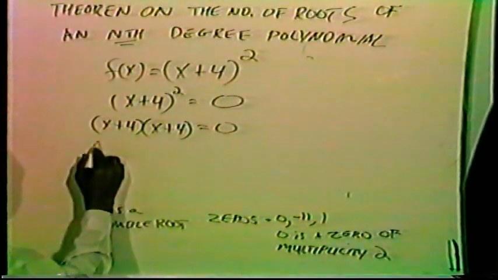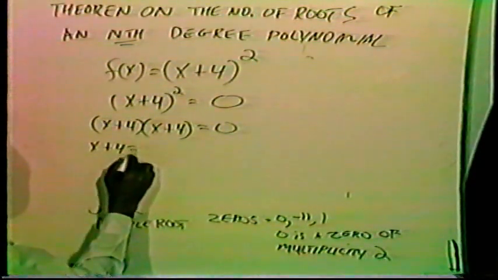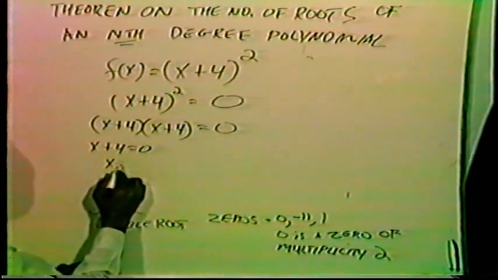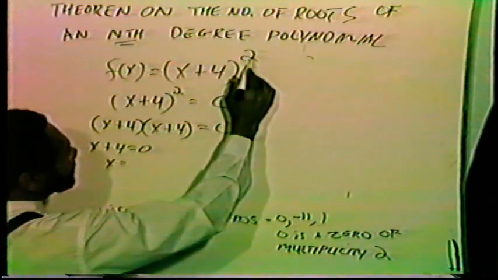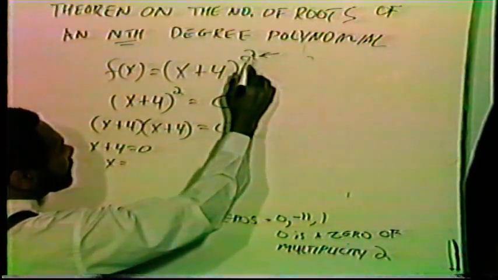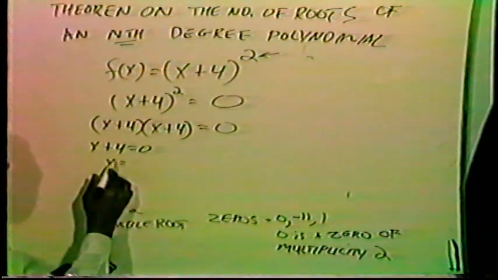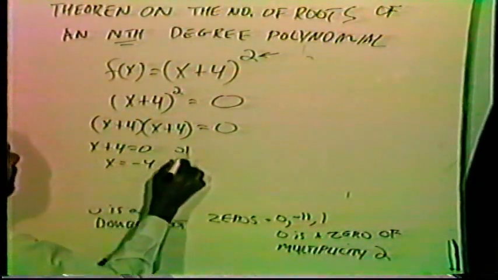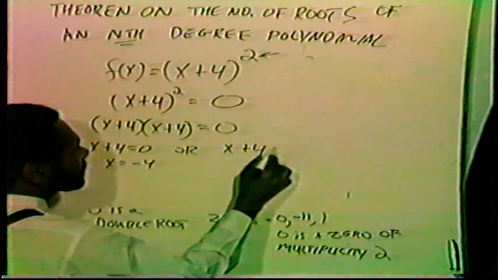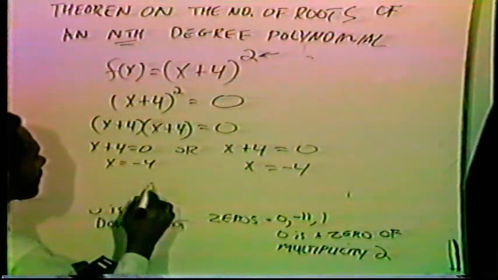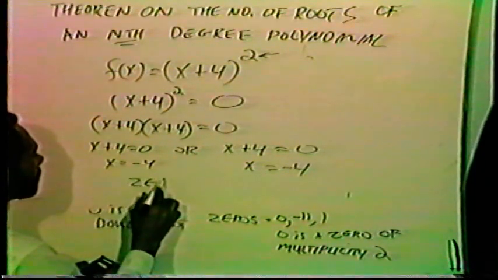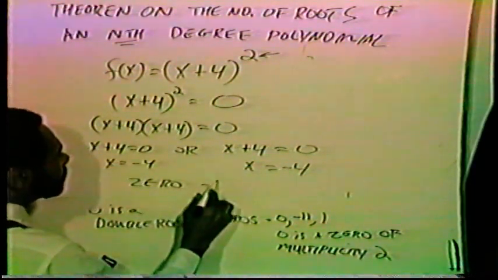When I set each factor equal to 0, x plus 4 equals 0 gives me x equals negative 4. I know I have to have 2 roots here because this is squared. The degree here is 2, so I have to have 2 roots. So here I get x equals negative 4, and on the other side, x plus 4 equals 0, I get x equals negative 4. So that means that my 0 is negative 4.